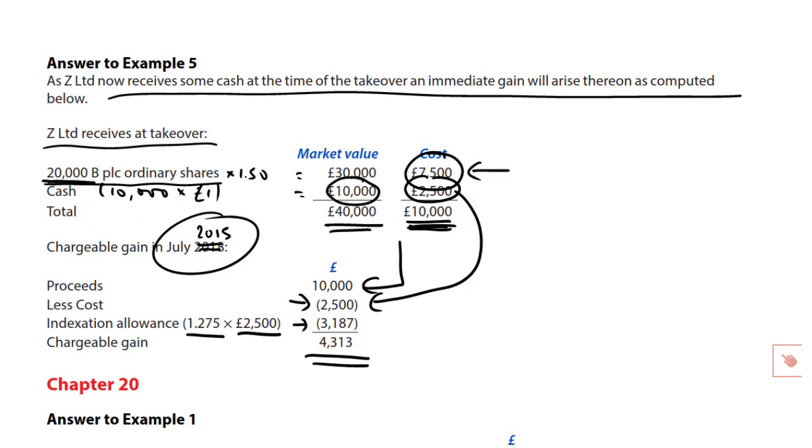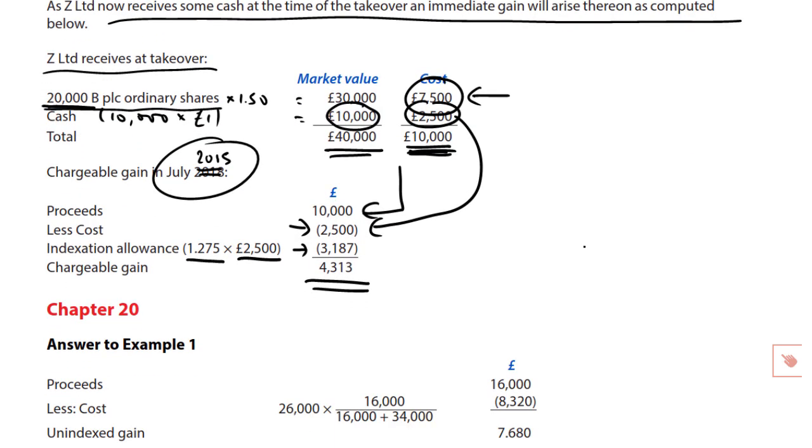Deemed to have been incurred back in August 89, and should there be any future disposal of those shares, you would re-index that cost of 7,500 from August 89, when it was incurred, through to either the date of disposal, if the date of disposal was before December 2017, or index it to December 2017 if the date of disposal was later. You've got your cost, you've got your indexation allowance, deduct them from your proceeds, you get your chargeable gain. Thank you very much, job done.